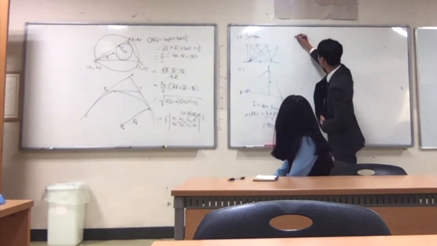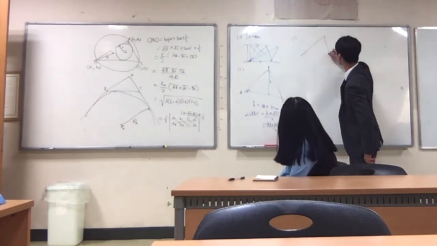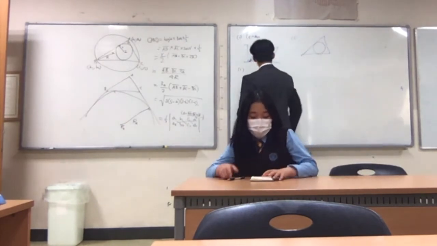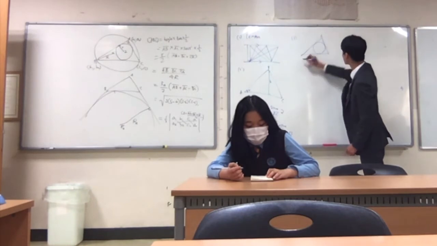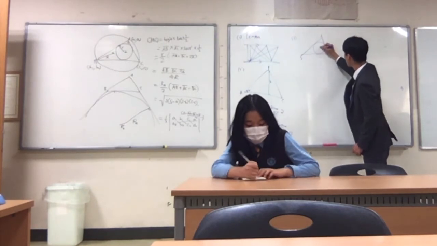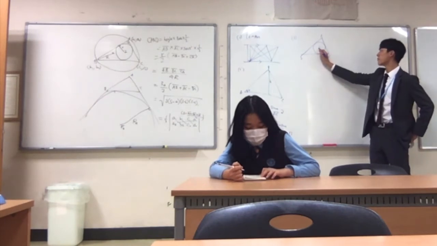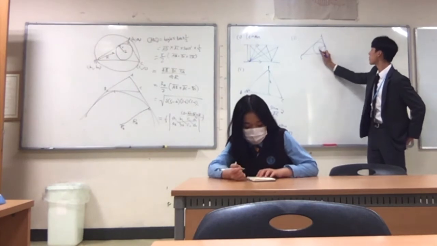Let's go on to the second one, which is about the incenter. If we have an incenter of a triangle, and we have the incenter which is here, we know that if we draw a line from the center of a circle to each of its tangents, it always becomes perpendicular.